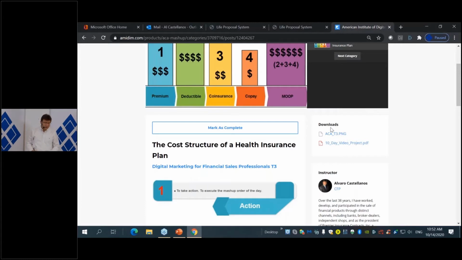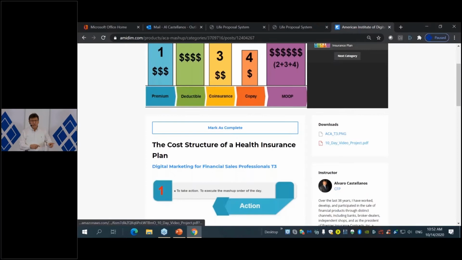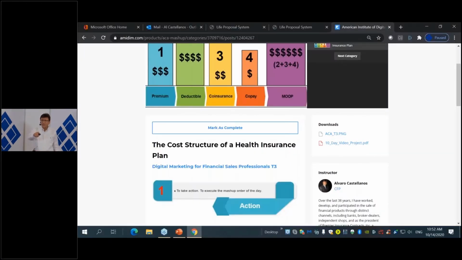For example, if you are doing a class on life insurance, and you have a life insurance review document that you want them to use in the class or after the class, you would place that document here, and you tell them to go there and download it. Additionally, in some instances, we place certain images there for you to download.